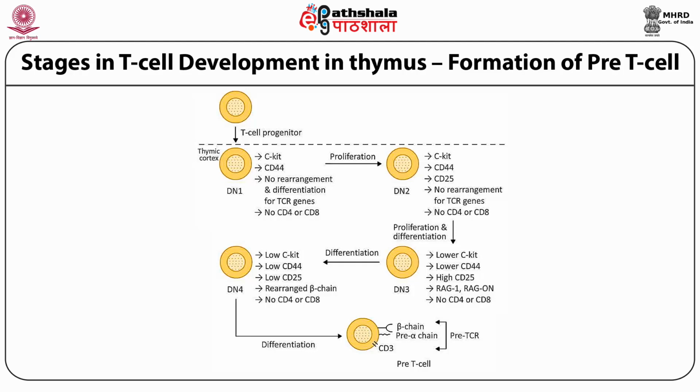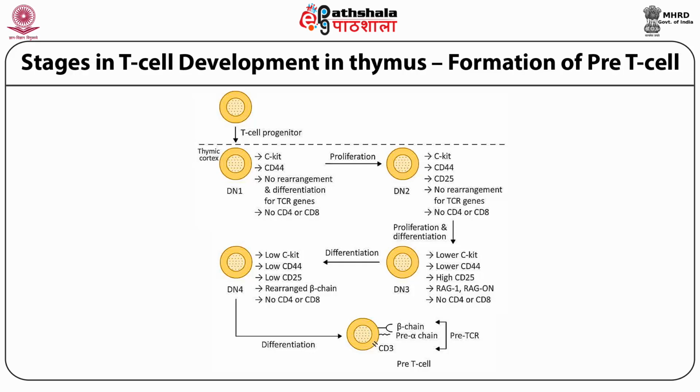The double negative 2 stage proliferates and differentiates further, where it lowers the expression of c-KIT. Also, CD44 expression goes down, but CD25 expression goes up.